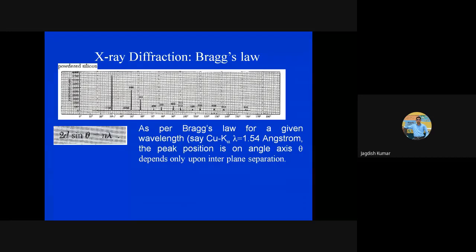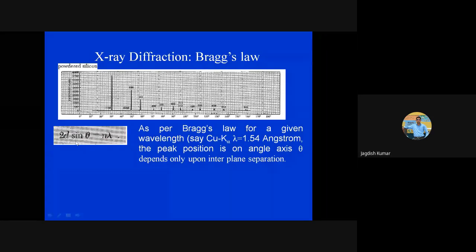So where is the gap, or what is missing here? I think I already conveyed this. As per Bragg's law, for a given wavelength, say copper K alpha, suppose this is the X-ray being generated from a copper source out of K alpha transitions, the wavelength comes out to be of the order of 1.54 angstrom. The peak position you can then find at a specific angle. What does this sentence mean? If you know the wavelength, you can find out at what angle the peak is going to be observed, given that you have some specific interatomic spacing.